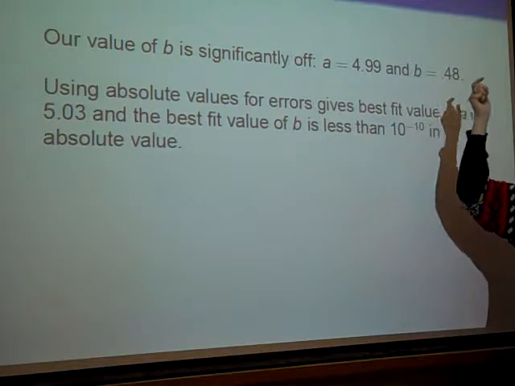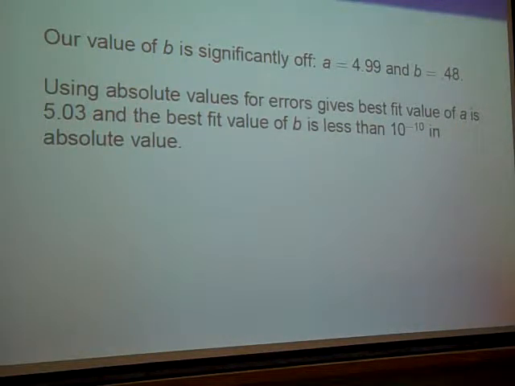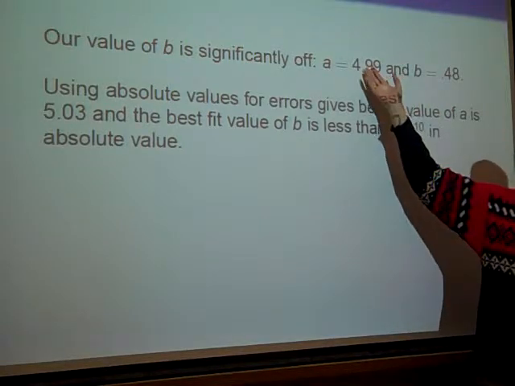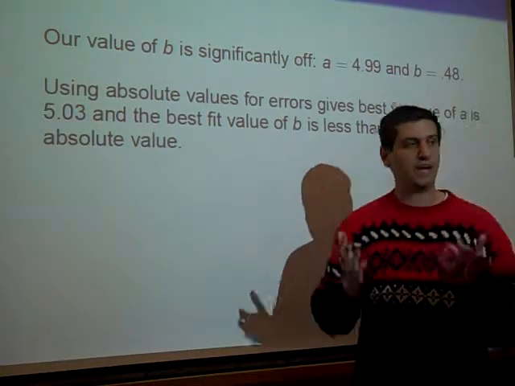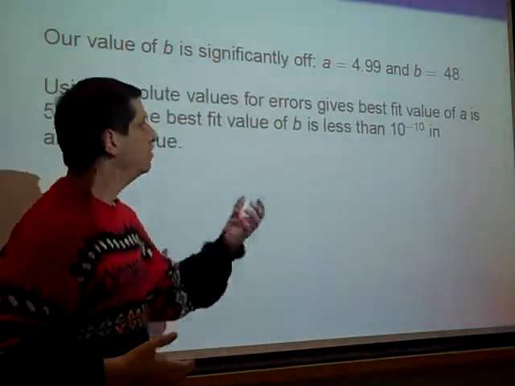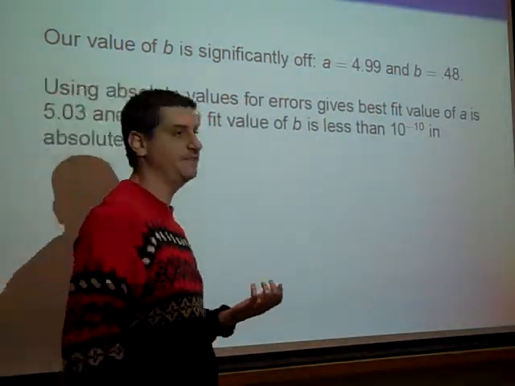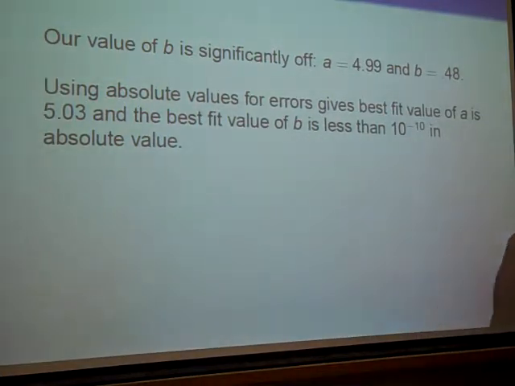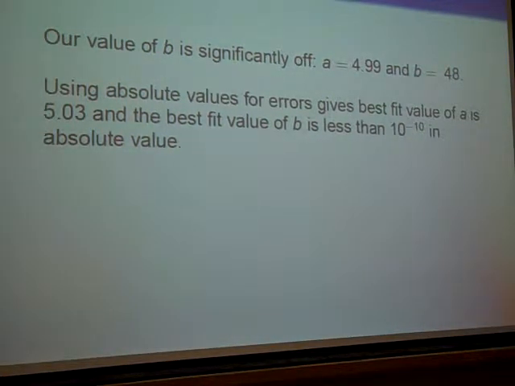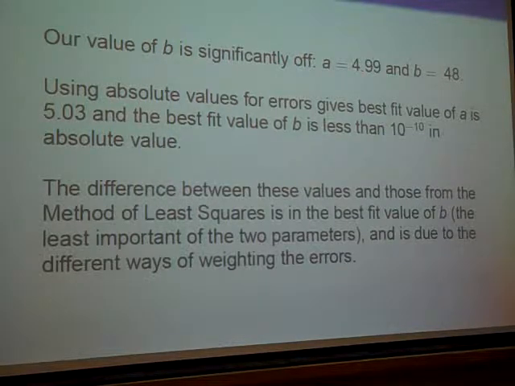When I say this is A and this is B, how confident am I? I want to know something about the standard deviation, for instance that 95% of the time my true slope will be between 4.95 and 5.05. The difference between these two methods is that the best fit value of B, typically the least important of the two, is much better in the method of absolute values.